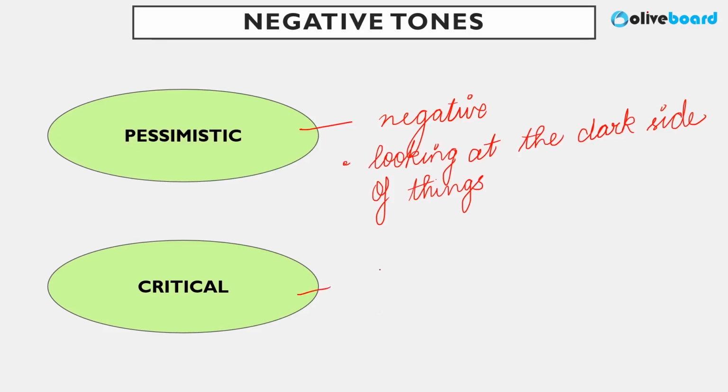Now critical is extreme negative. Again, I'll put a sign here for all of you. So more negative outlook is critical. If you ask me, I get confused between pessimistic and critical. The best part is, if it is extreme negative, it will be critical tone. So just simple negative is pessimistic, critical is extreme negative, where you express disapproving comments.